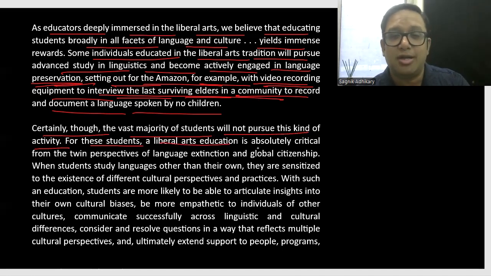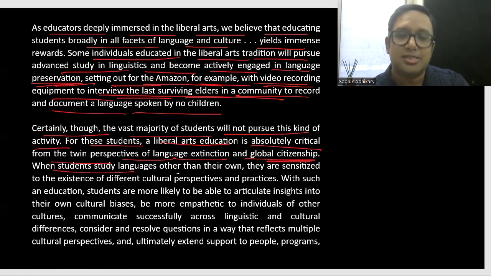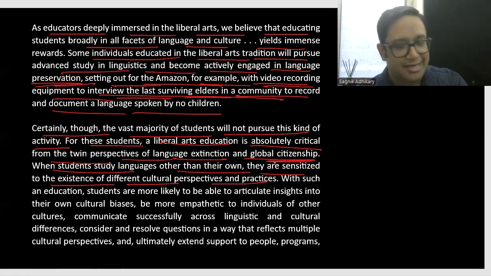For these students, a liberal arts education is absolutely critical from the twin perspective of language extinction and global citizenship. When students study languages other than their own, they are sensitized to the existence of different cultural perspectives and practices.